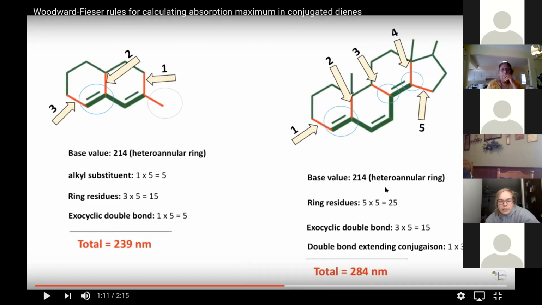And then you just look at your conjugated diene, so you can either pick these two or these two, whatever you want. And then if you look down here at the bottom, it says double bond extending conjugation. That's where you add on your 30, since you have this whole extra double bond over here that's added to the conjugation.